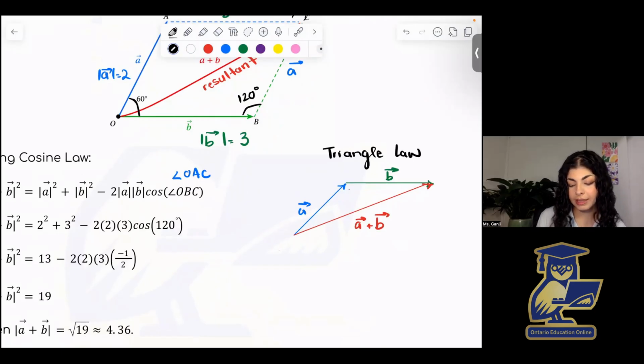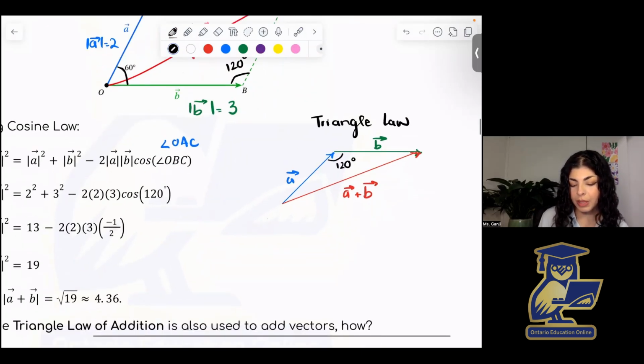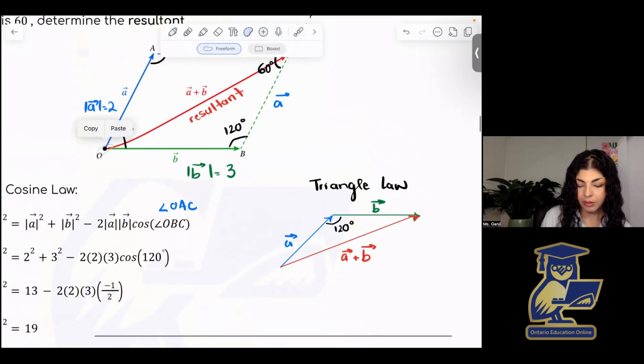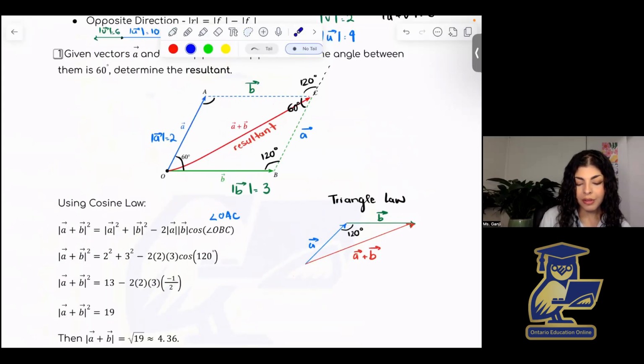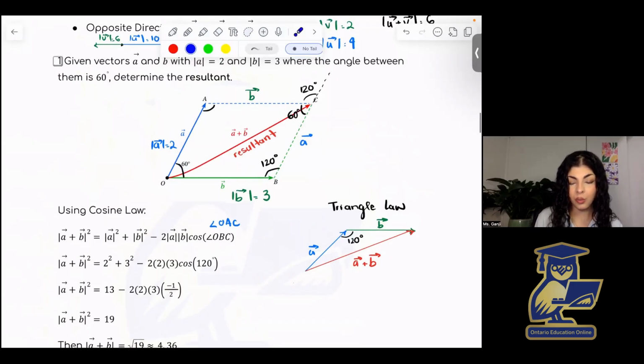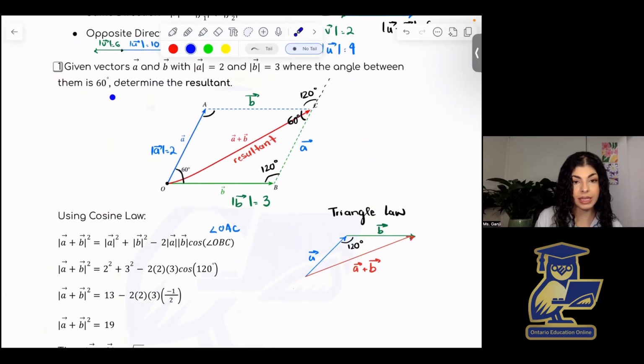It's not necessarily here. So this one will stay 120 degrees, and it's because if you have B back here, if you have them as tail to tail, which is that they share a tail, that's what that 60 degrees is telling us when it says the angle between them is 60 degrees.